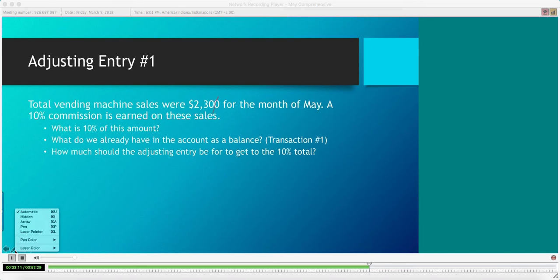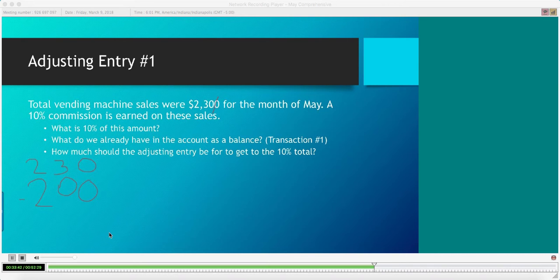We earned 230, but they only paid us 200. So our adjusting entry would be $30.